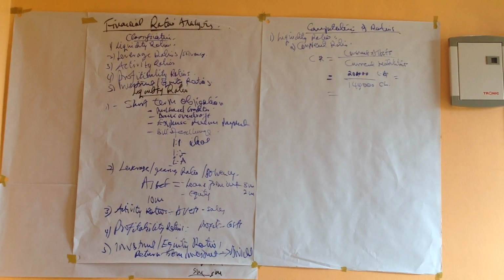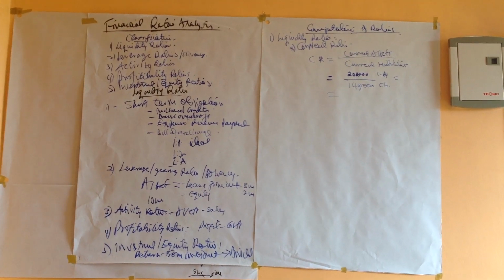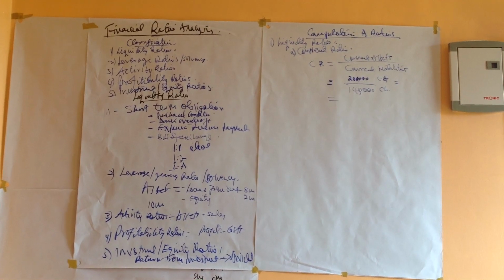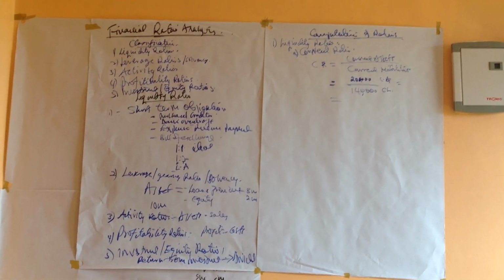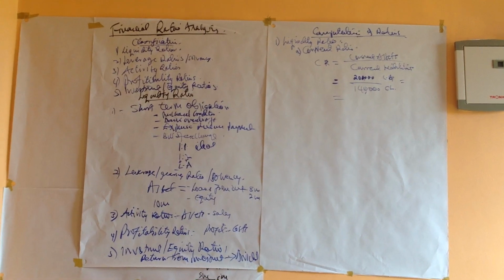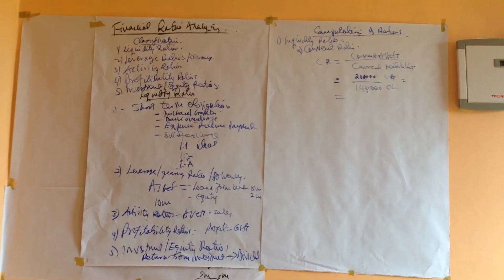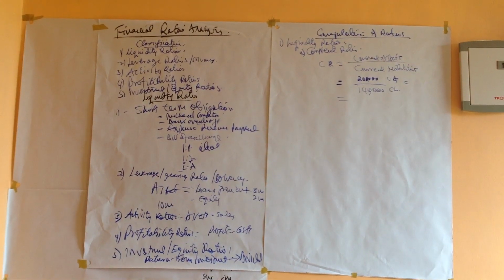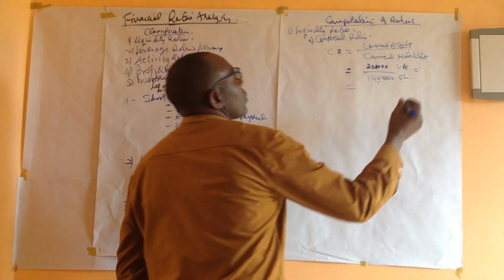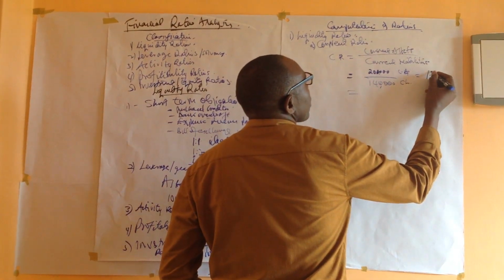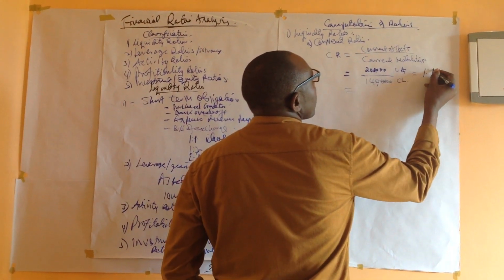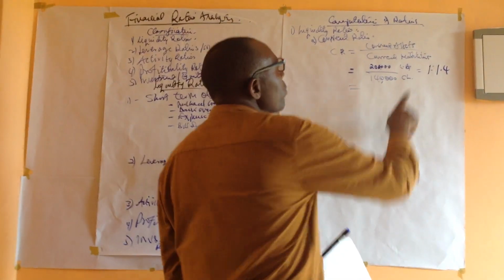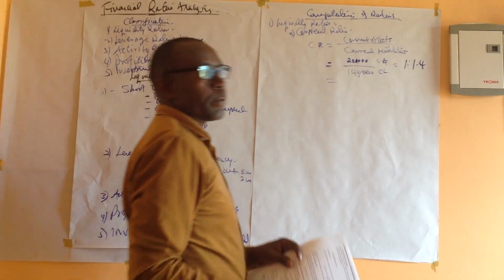How much that comes to, we need to calculate that. So that comes to 1.4. 1 is to 1.4. Meaning for every liability there are 1.4 of the assets.